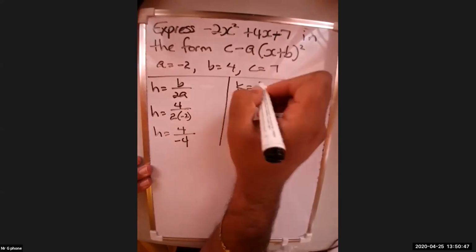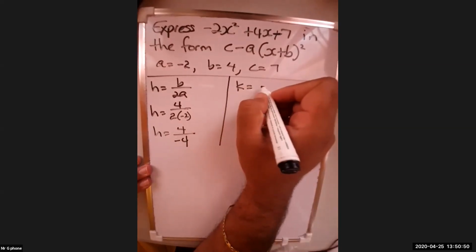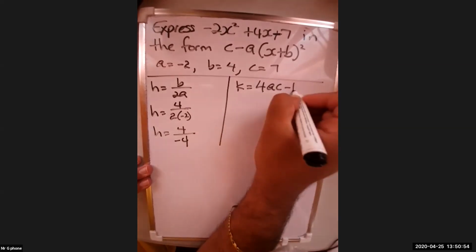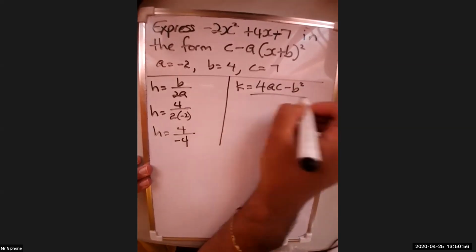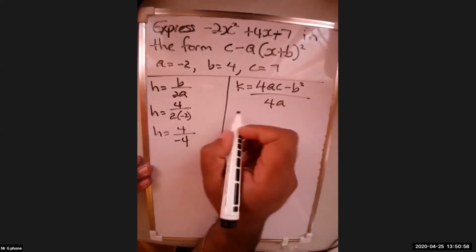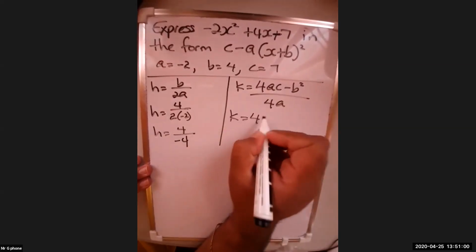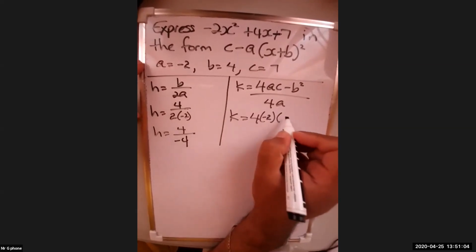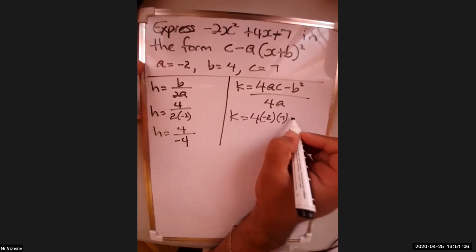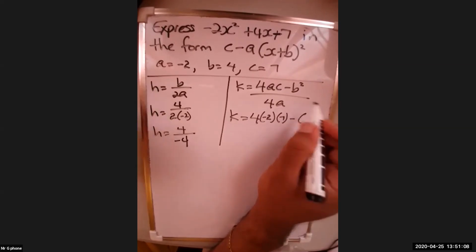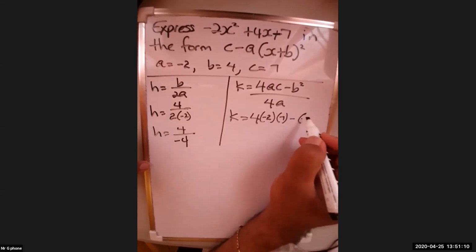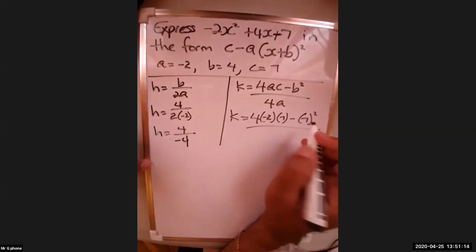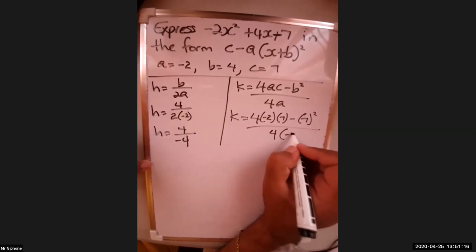K is equal to what? How do we find K? So K is 4 and the value of A is -2. The value of C is 7 and minus B squared, right? All over 4 and the value of A is -2.